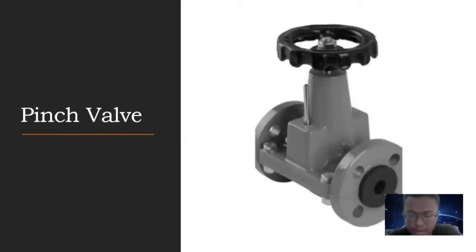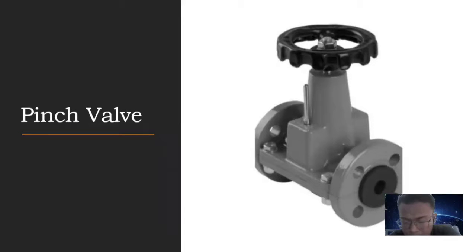Pinch valve. These are types of flow control valves which are inexpensive and are used in almost all industries. It consists of flexible elements such as rubber tubes for sealing purposes. They are designed to give a tight seal around trapped solids with their flexibility. These rubber tubes are the moistened part in a pinch valve.